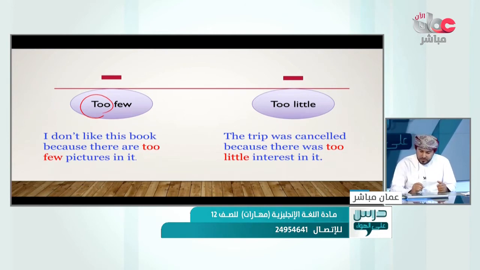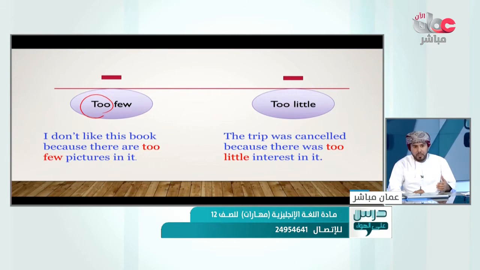Look at this example also here. Too little: The trip was cancelled because there was too little interest in it. So here almost no one was interested in the trip, and he is disappointed, and maybe he expected that he would find people joining the trip, but there were few people who had an interest in the trip.